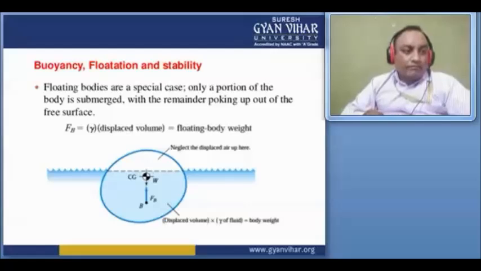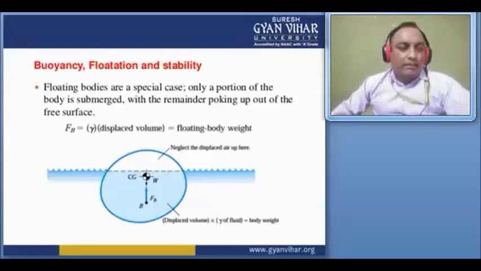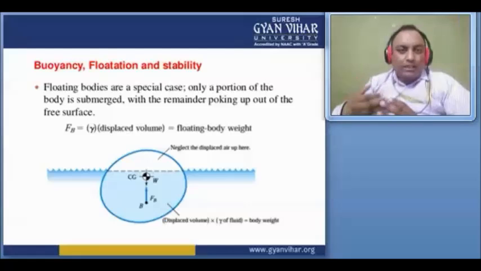The body normal axis and the displaced force axis meet at a point, which is called the metacenter point, and this is always represented as a capital letter M. So in the next lecture I will discuss the derivation of the metacentric height, right?